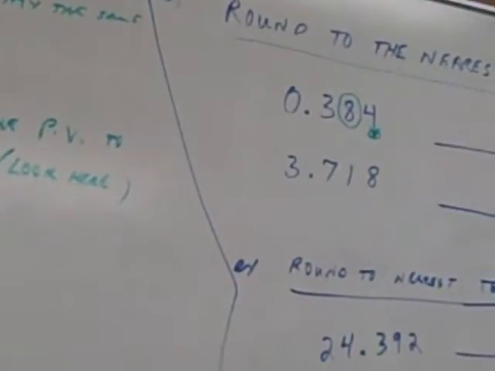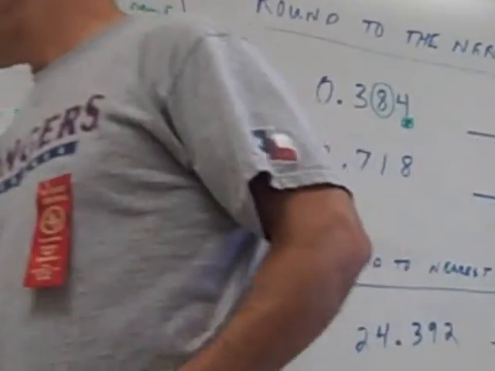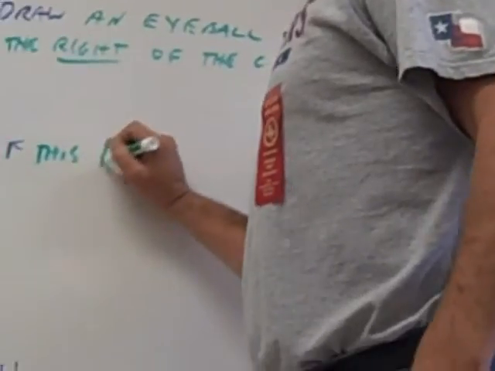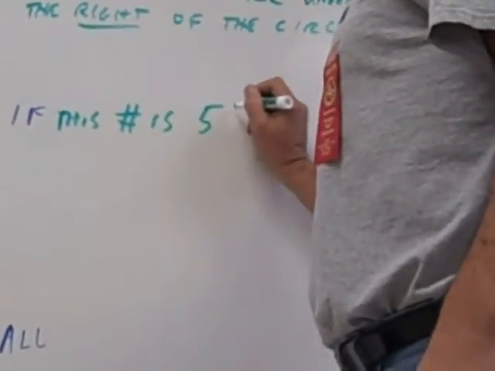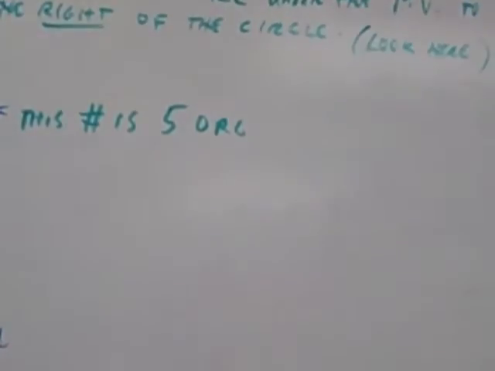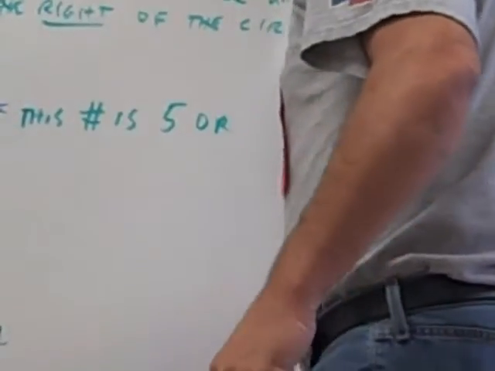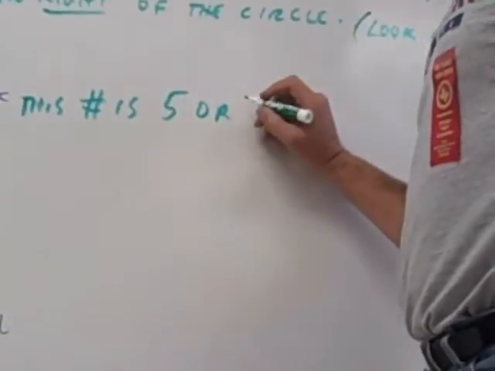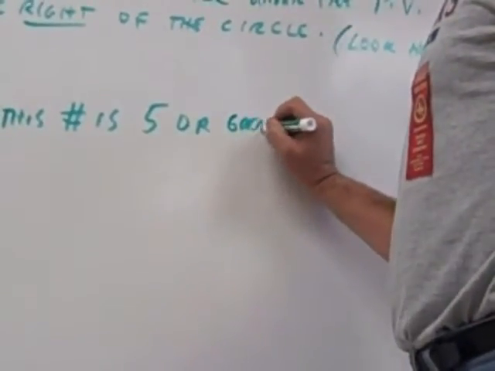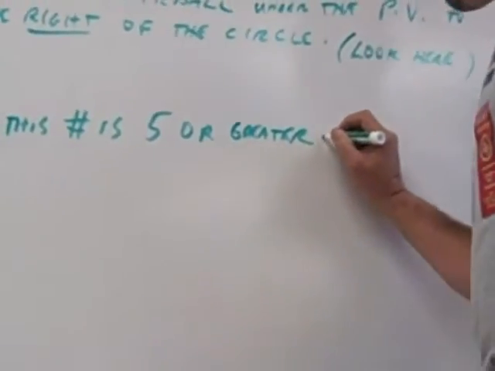All right, so we're looking there. If this number is 5 or what? Higher. You want to say greater, higher, more? That's up to you. I'll put greater. 5 or greater.